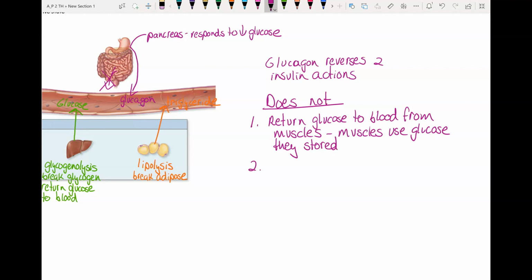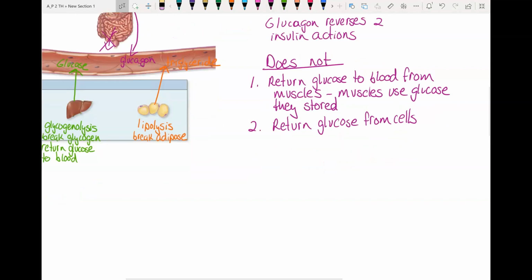It also does not return glucose from your cells. Because remember, the cells used that glucose to make ATP. That glucose is now converted to carbon dioxide and water. They can't return it.